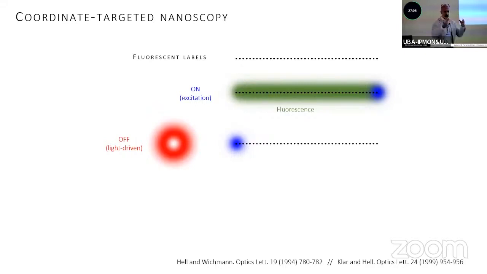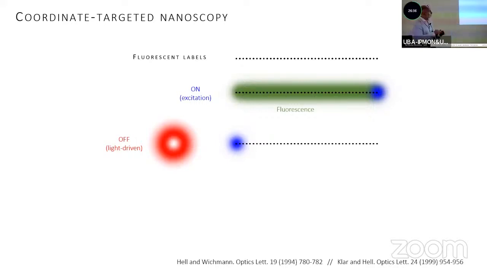Remember, to make a focus of light, you need to put all the waves in phase to get a maximum of intensity. Well, there are ways to manipulate the phase of a beam so that you get destructive interference in the center instead of constructive interference. In this case, you get a central zero of intensity, but of course, half a wavelength away, you get a maximum. So you can generate this kind of donut-shaped focus with a central zero, or a central minimum, of intensity.